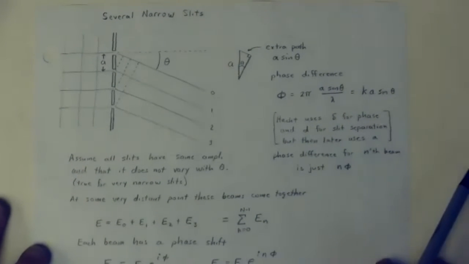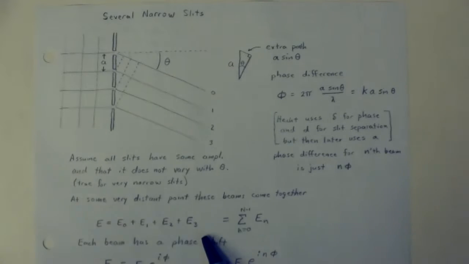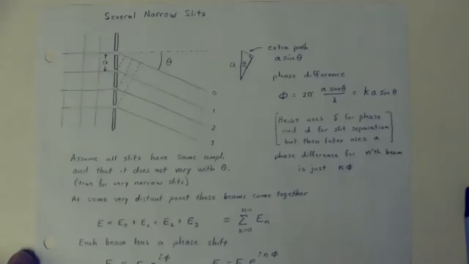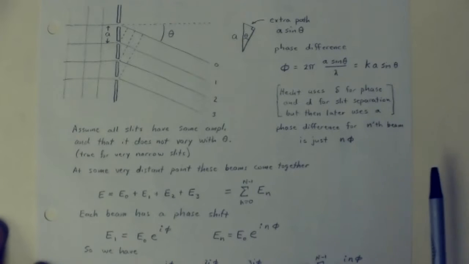So now as we go far away, we're going to be adding up the electric field from each of these. You can draw this as a sum if you like, or write them out individually. I don't care which way you prefer to write this kind of thing. But then each one has this phase shift.